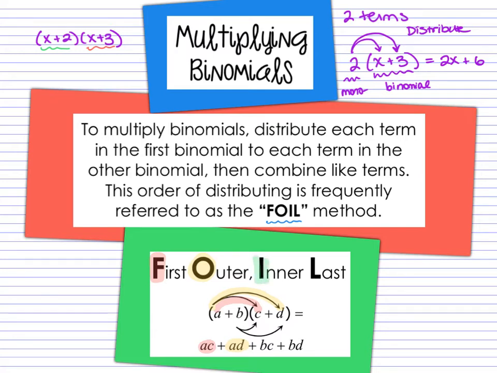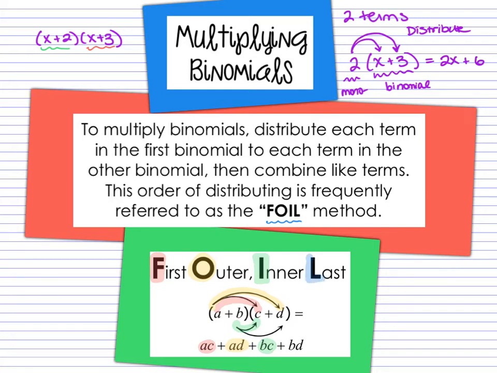The inner here is the inside terms. So if A and D were my outside terms, that means that B and C are my inside. If I look at those parentheses as kind of the outside shell, well, the terms way on the inside are going to be my B and C terms, the ones closest to each other. So inner is going to be B times C right there.